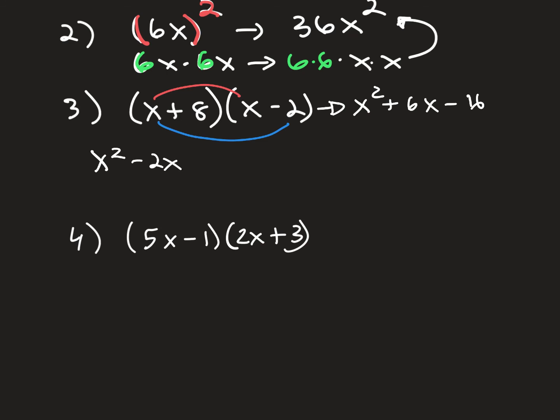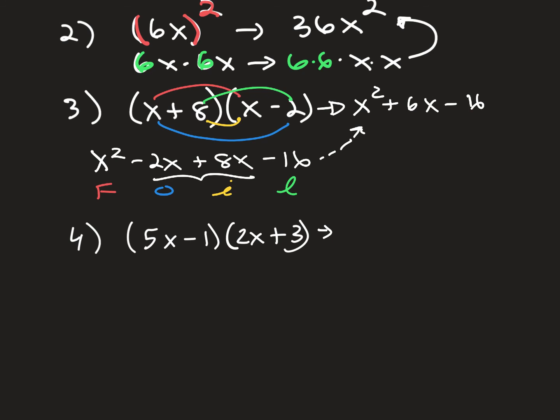If you multiply the ones that are inside, you get 8x. If you multiply the last ones, you get negative 16. If you combine like terms, you get x squared plus 6x minus 16. Again, first, outside, inside, and last. Let's try the next one.